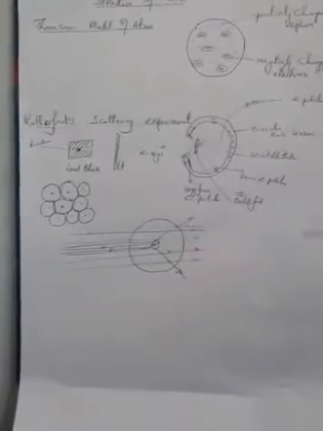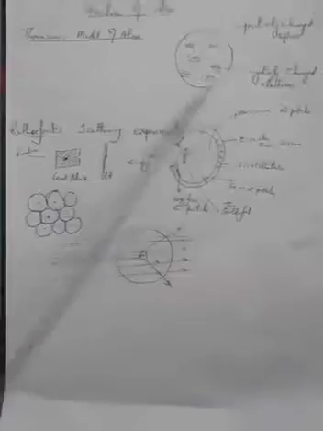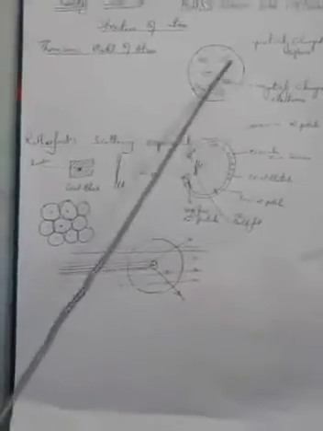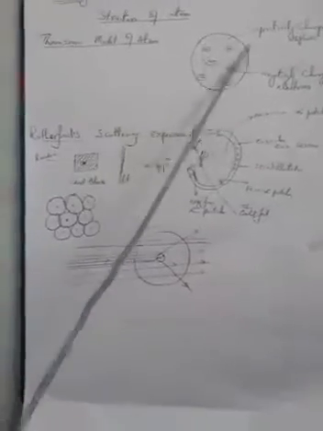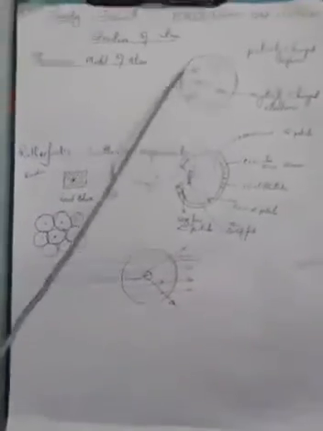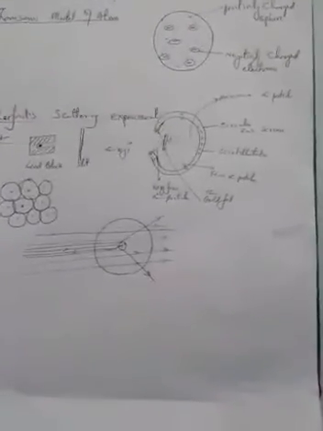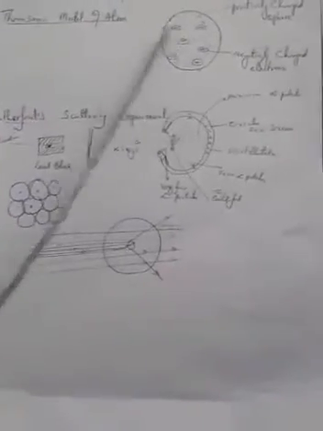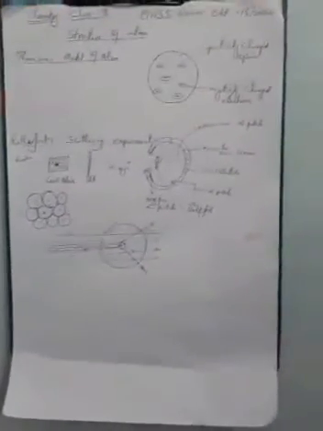As far as electrons are concerned, he said they are embedded in these positive charges, just like raisins in pudding. So this model of atom is also called the plum pudding model of atom.